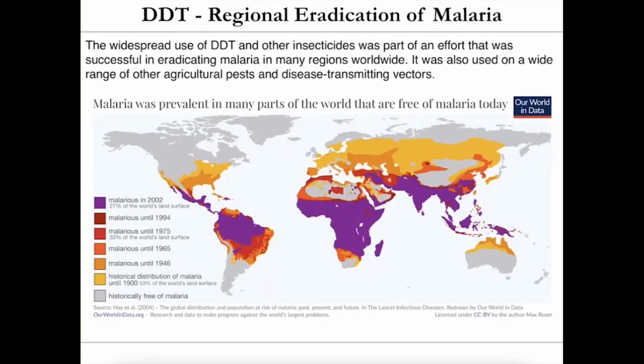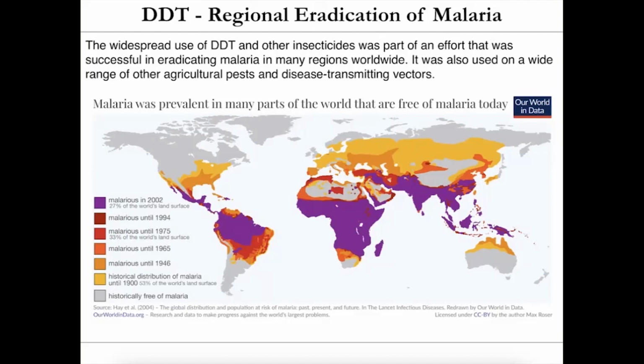Now, DDT was widely used in the United States and around the world after it was originally put on the market. This was part of an effort to eradicate malaria in many regions worldwide, and it was actually very effective. It also started to be used on a wide range of other agricultural pests and disease-transmitting vectors.